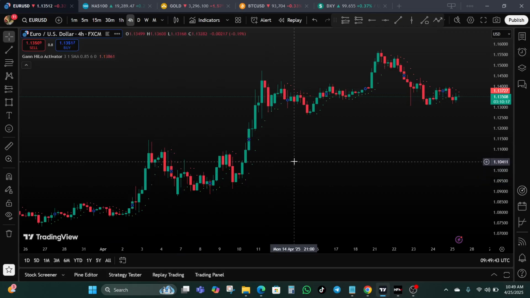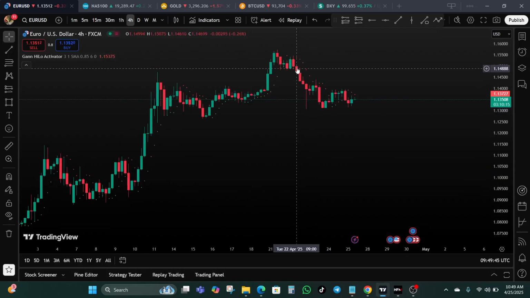On the flip side, if the price dips below the Gann HiLo indicator and holds there, you may want to look for short setups, especially if supported by bearish momentum, or you can use confirmation from another indicator like RSI or MACD.